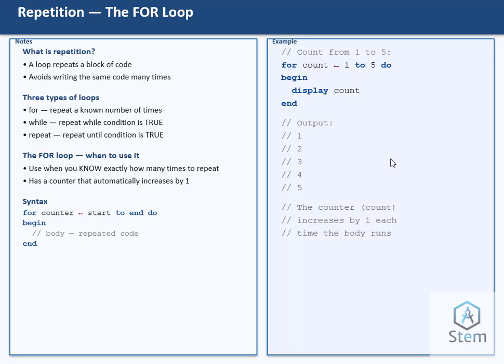As with every programming structure, we need to start by looking at the syntax. So the syntax of the for loop is indicated right here. You are going to write for, then you put a counter.